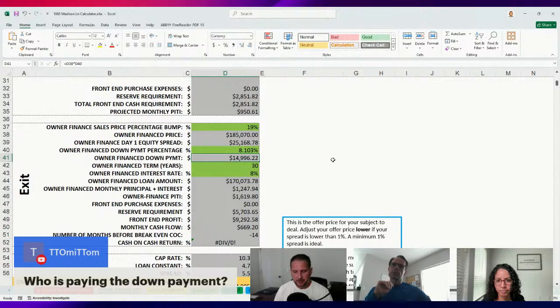So we started with something that has almost no equity in it, and we've magically built in a safety net for ourselves with a little bit of equity. And so that equity is going to pay us, provided this does not go to term. If the buyer ends up refinancing or whatever, we're going to get paid out that extra equity that's in the deal. This $25K, if they were to pay that off on day one.